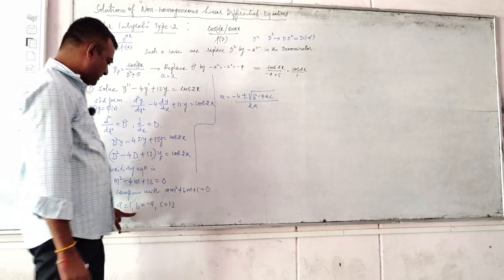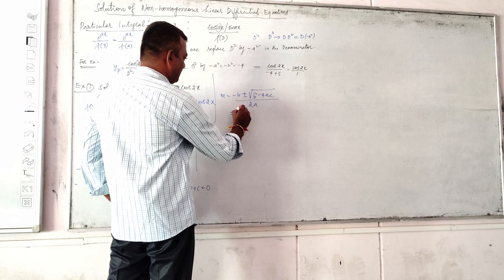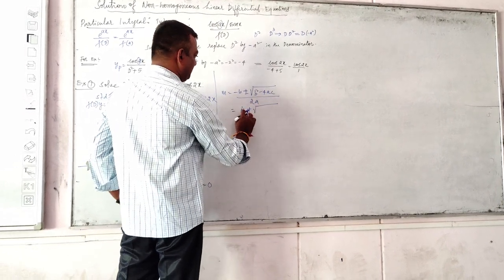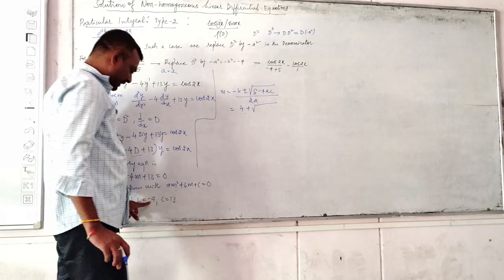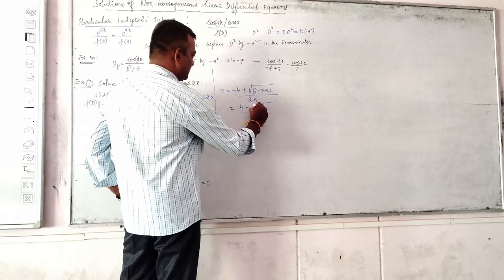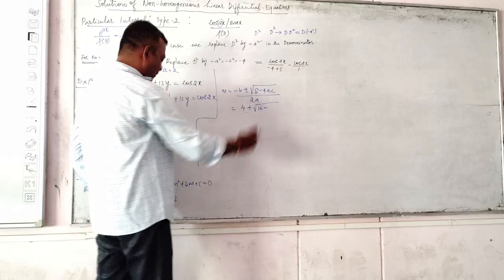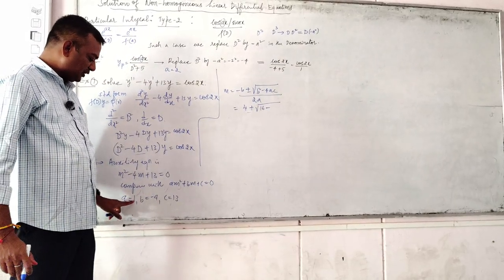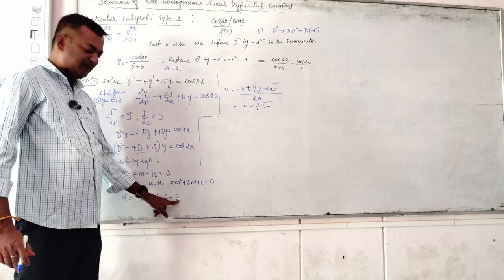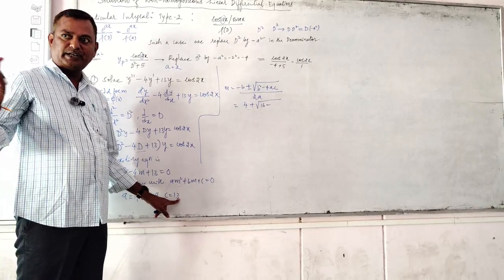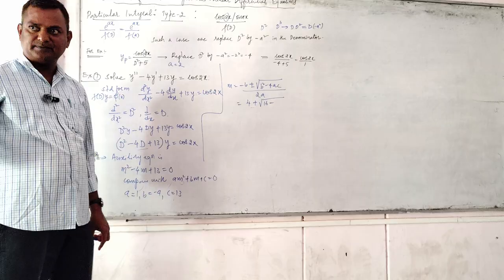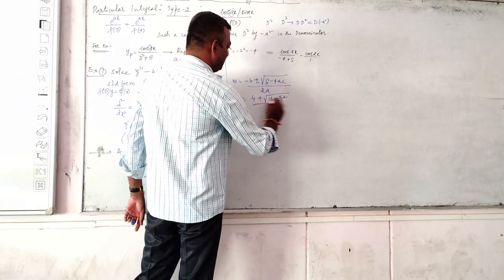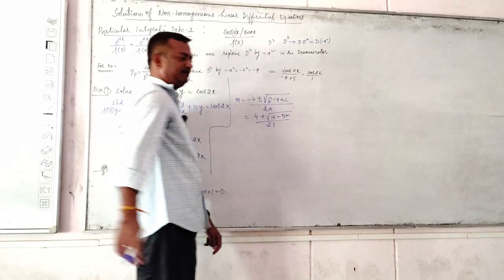Just replace. B value is minus 4, so minus of minus is plus 4, plus or minus square root of b square, minus 4 whole square is 16, minus 4 into a, a value is 1, c value is 13. 4 into 13 is 52, minus 52, divided by 2 into 1.